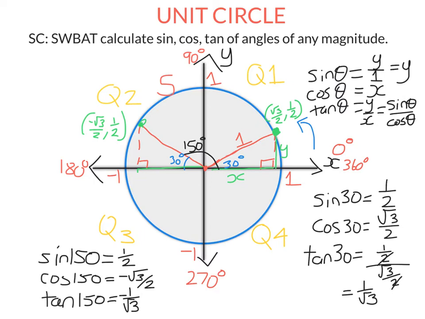In the first quadrant, they were all positive, because in the first quadrant, both the x and y coordinate is positive. So down here in the third quadrant, we have a negative x coordinate and a negative y coordinate. Negative x coordinate means cos will be negative in this quadrant. The negative y coordinate means sine will be negative.